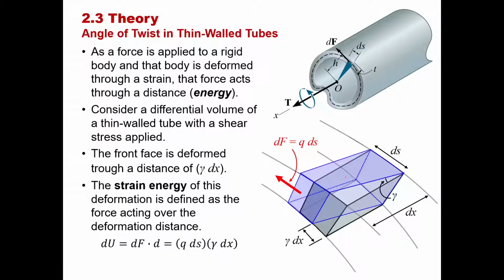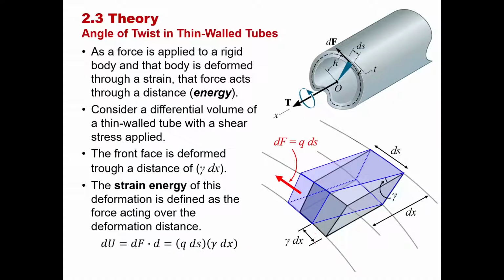So we are going to say that our differential energy required to deform this differential element is going to be some differential force acting over a distance. We already determined what that differential force was in the previous section. That differential force is just the shear flow times that differential length.